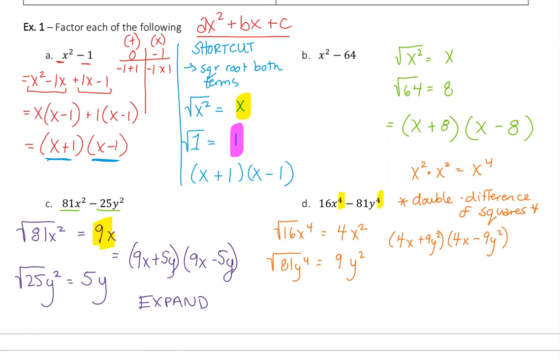But pay attention here, and this is where it can get a little tricky. This right here can be factored a little bit further. We go back to what we started with. What is a difference of squares problem? Well, it involves perfect squares and it involves subtraction. If you notice, this 4 is still a perfect square. You can take the square root to get a whole number.